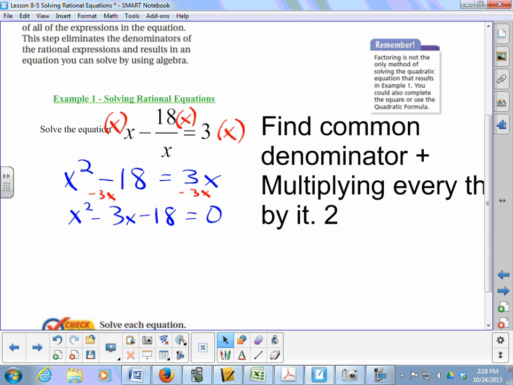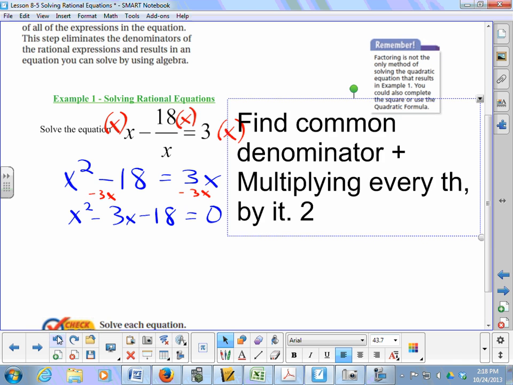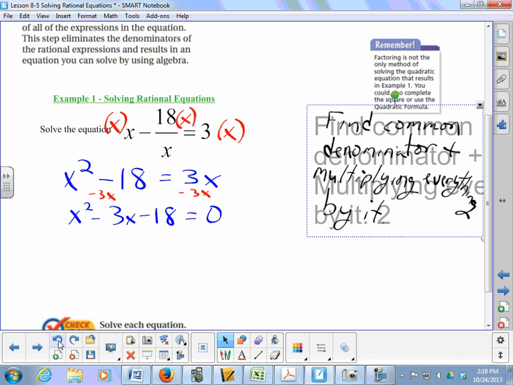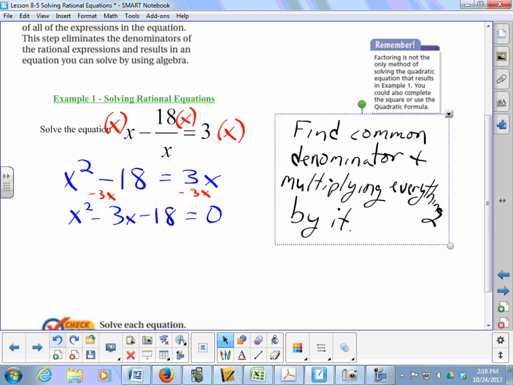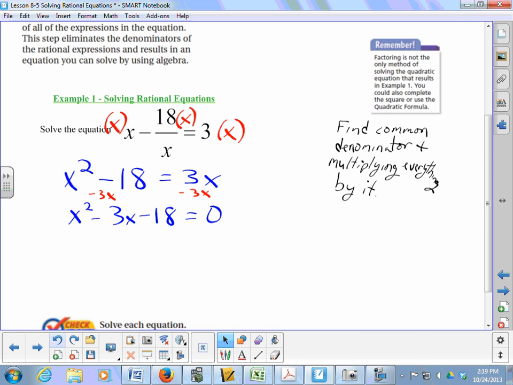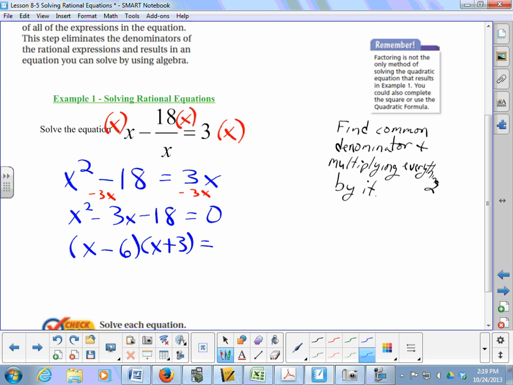All right, so I have a quadratic equation now equal to 0. Can I factor this? What are the factors of 18 that when I subtract I get 3? 3 and 6. So the 6 is going to be negative and the 3 is going to be positive. So x equals 6 or negative 3.